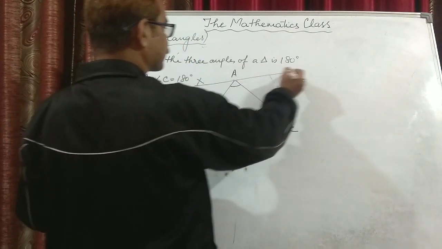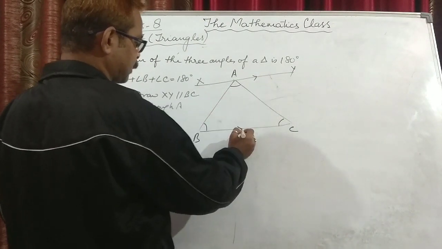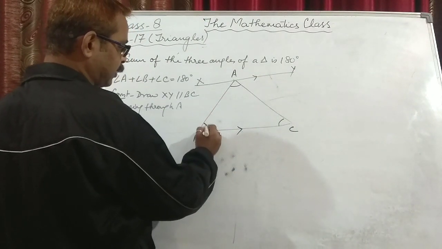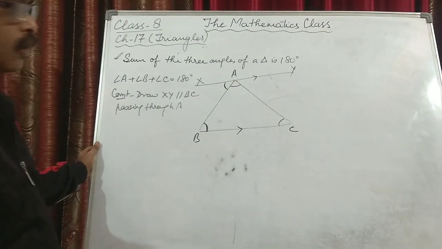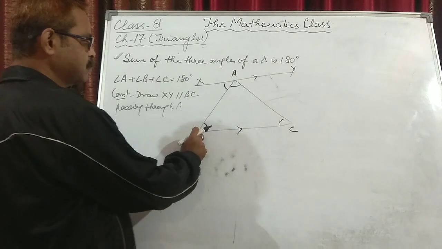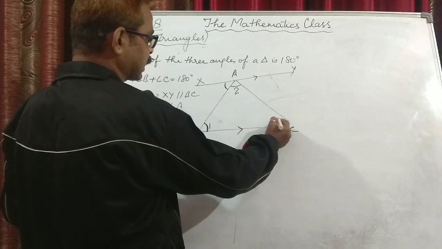Name it as XY. Now, since these two lines are parallel, whatever is the value of this, same will be the value of this angle also, because that is alternate interior angle. Let us say this is angle 1, this is angle 2, and this is angle 3.